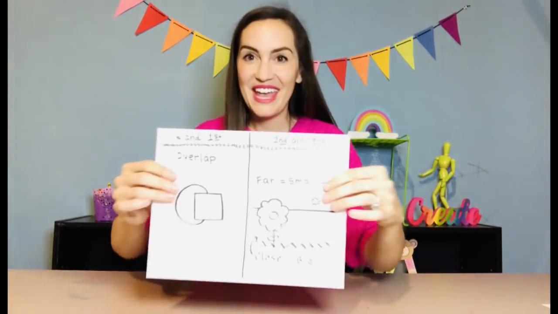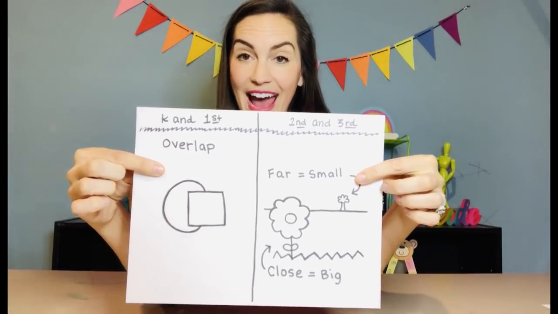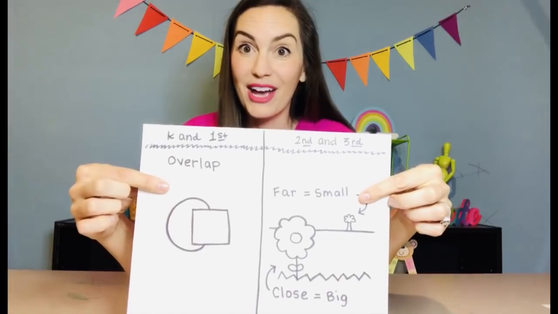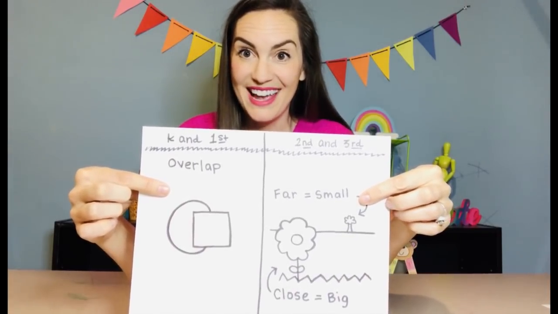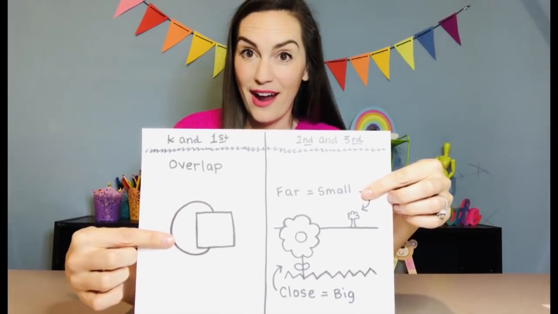To make our bug playground today, we need to know how to create space in our artwork. So, if you are in kindergarten or first grade, I expect you to know how to create space by overlapping shapes. Take a look at these two shapes, a circle and a square.